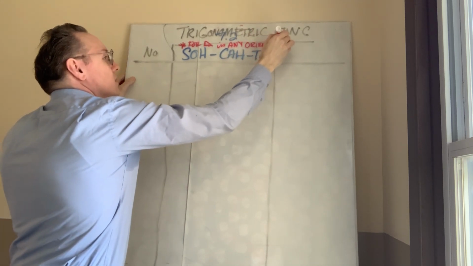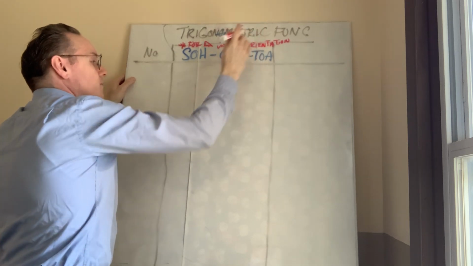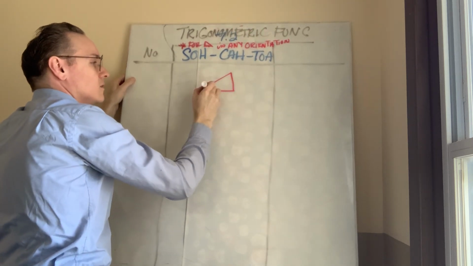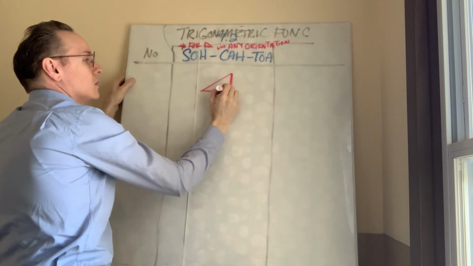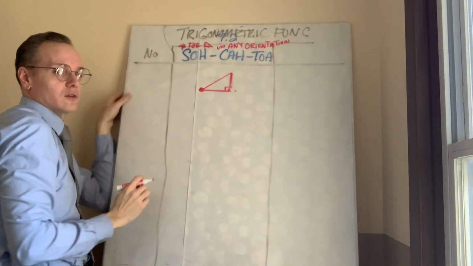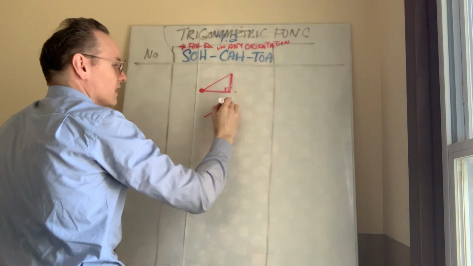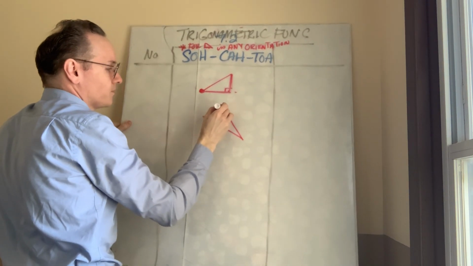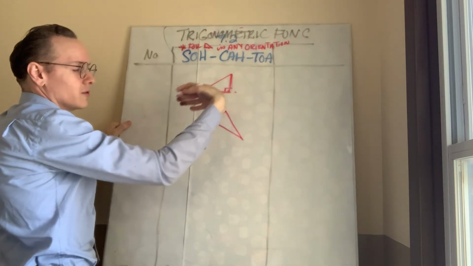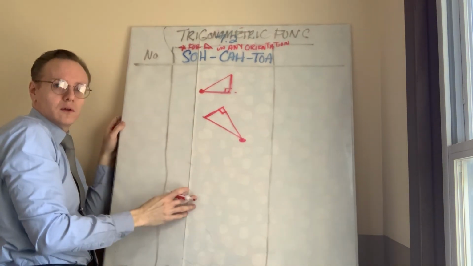And by that I mean you could have a right triangle drawn like this, more or less the standard position, you know, if there was a vertex here at the origin. Or you can have it like this, as long as it's a right triangle, sort of rotated through the origin.